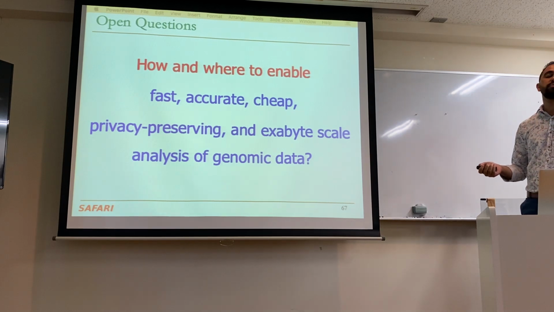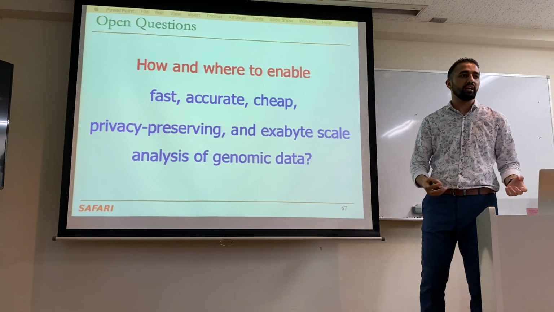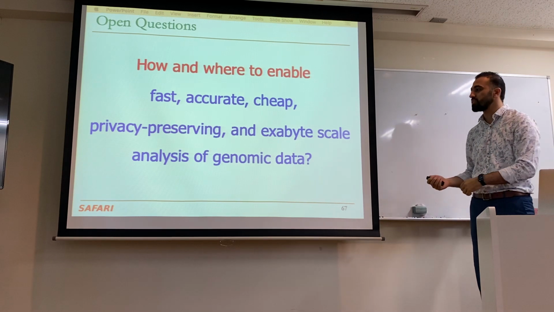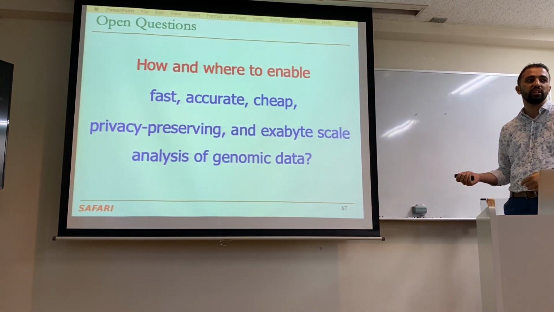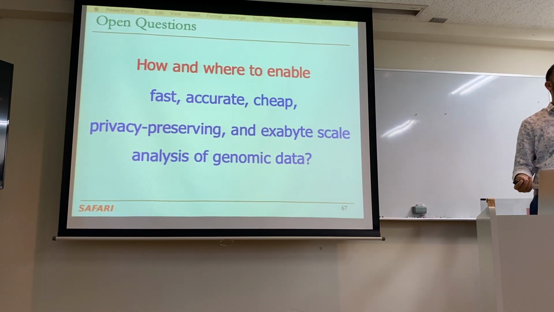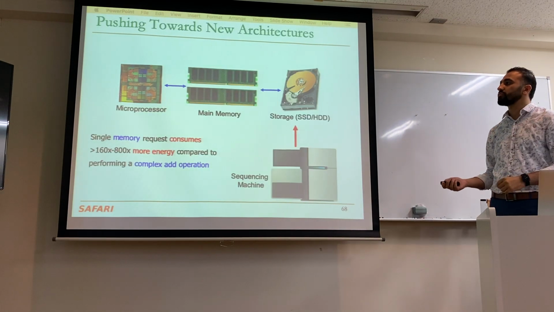And we need it to be privacy preserving. I don't want to send my data or my family's data to another company to analyze my DNA. So I want to maintain my privacy and do some exabyte-scale analysis of genomic data, especially if I'm in a hospital, where I'm targeting thousands of patients on the same day. So I really need to do it at scale, not one by one.